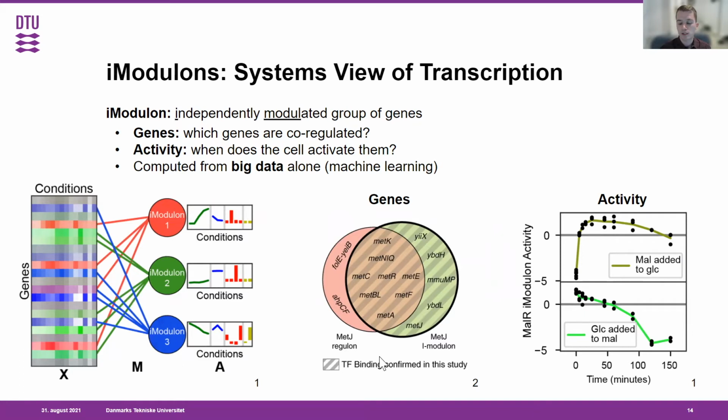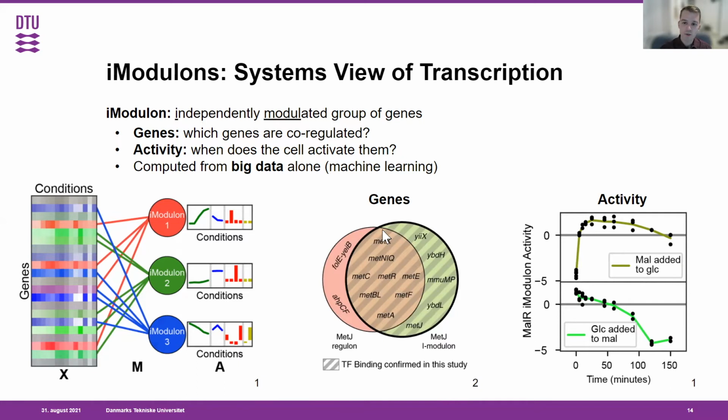Looking at this example, we have the MetJ iModulon, which contained a lot of genes that overlapped with what's called the MetJ regulon. This red circle here was a known, existing group of genes, and our iModulon recapitulated many of them.